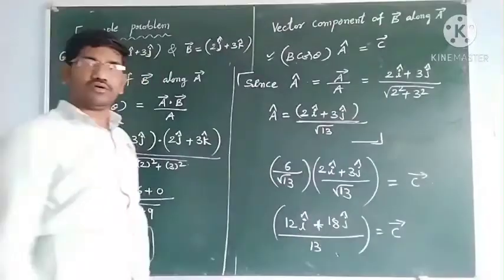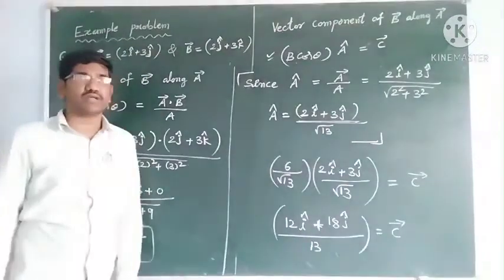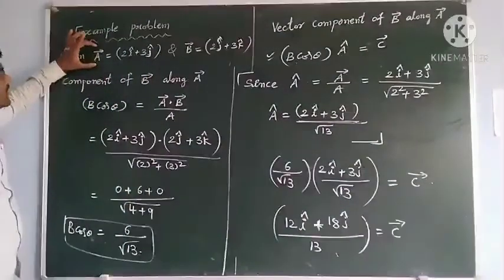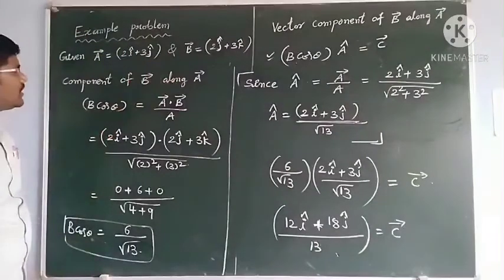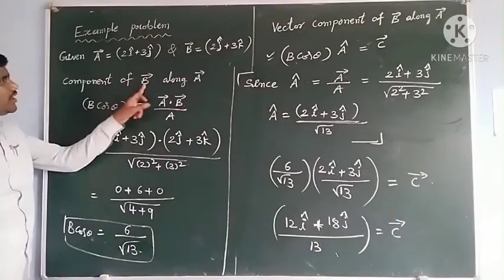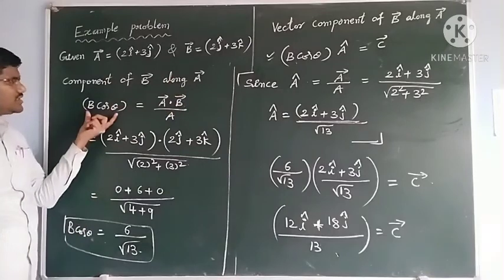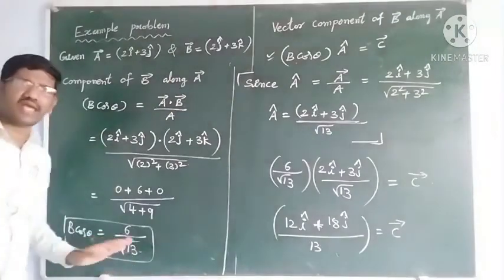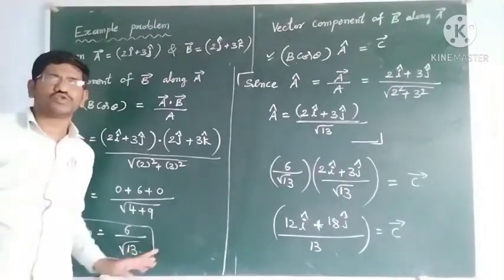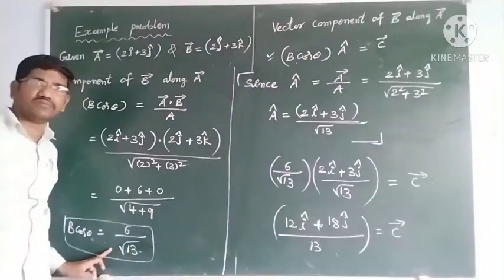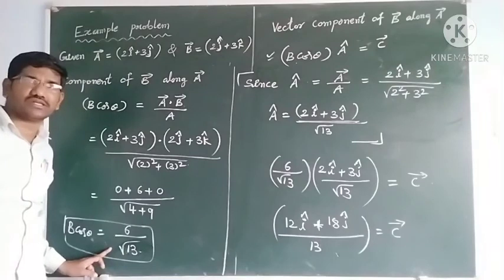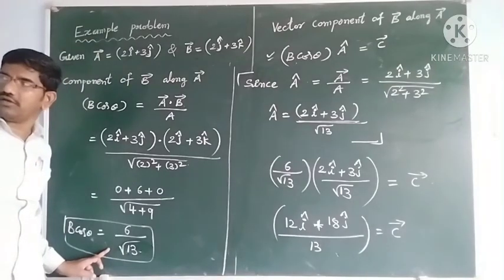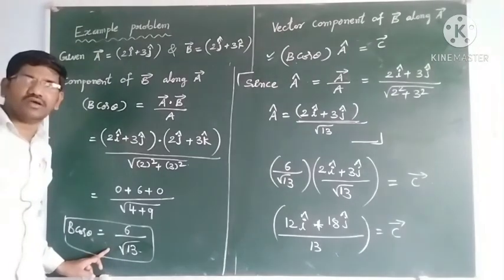Okay, so see clearly my dear students, a bar is a vector we have taken, b bar is a vector we have taken. Component of b bar along a bar we have found, that is called b cos theta. See, we got purely a number. There is no i cap, j cap, k cap, so there are no unit vectors for this. So it has no direction. That's why component is always a scalar physical quantity.